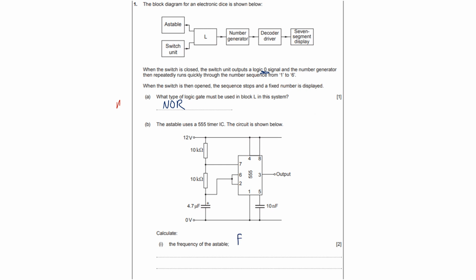Basically F equals 1.44 over 10k plus 2 times 10k, so 10 times 10 to the 3 plus 2 times 10 times 10 to the 3, all multiplied by C. Yeah, microfarad. If you put that into your calculator, press equals, you'll get around about 10 hertz, 10.2 hertz.